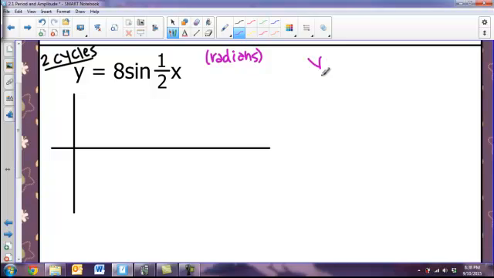Okay, so remember, this is our general rule. The a and the b are going to tell us what changes here. So my a value on the outside is my amplitude value. That's what we saw when we multiplied on the outside. It changed how tall my graph was. And in this case, my amplitude is 8.